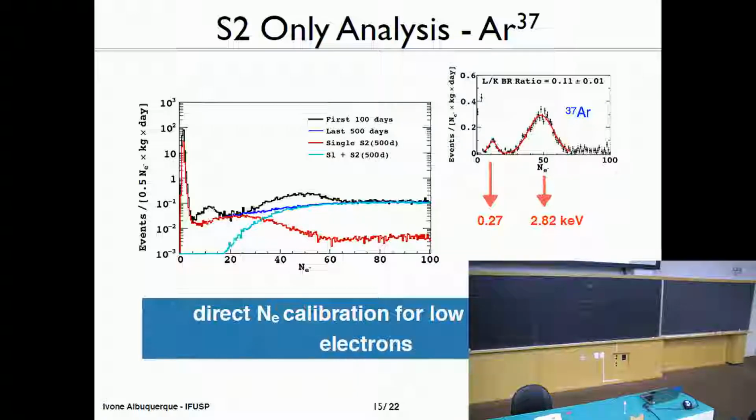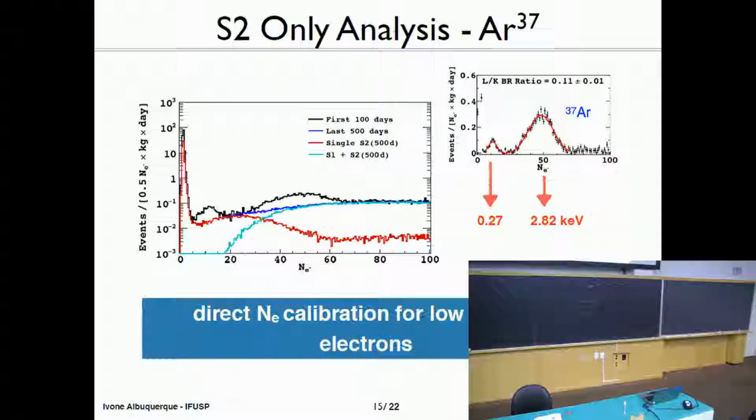This here is the data in number of electrons detected. In black, you have the first 100 days. Argon-37 will naturally decay, so it will disappear from the underground argon. And in blue, you have the data for the last 500 days.